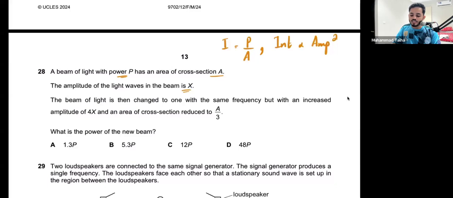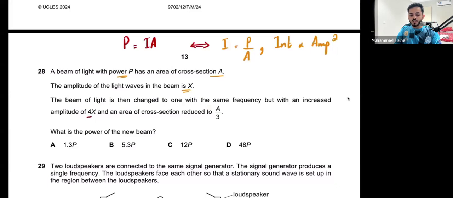So the beam of light is then changed to one with the same frequency, but with an increased amplitude of 4X and an area of cross-section reduced to A by 3. We need to find the new power, so let's make power the subject of this equation. So this would make it power equals intensity times area, right? So power equals intensity times area.